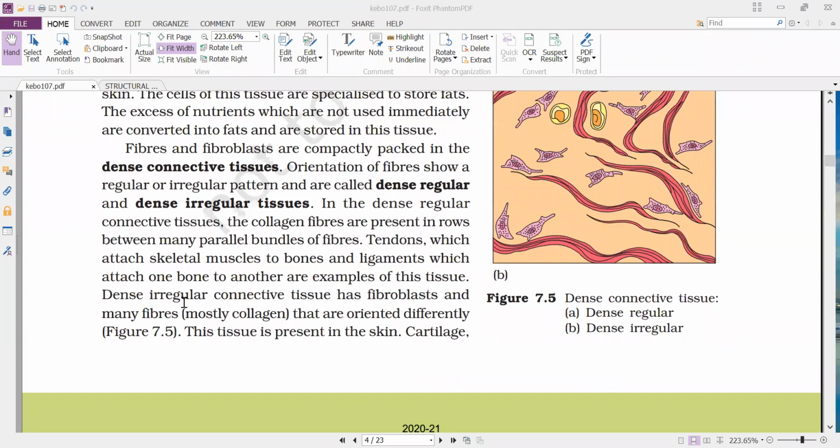Next, dense irregular connective tissue has fibroblasts and many fibers, mostly collagen, that are oriented differently.